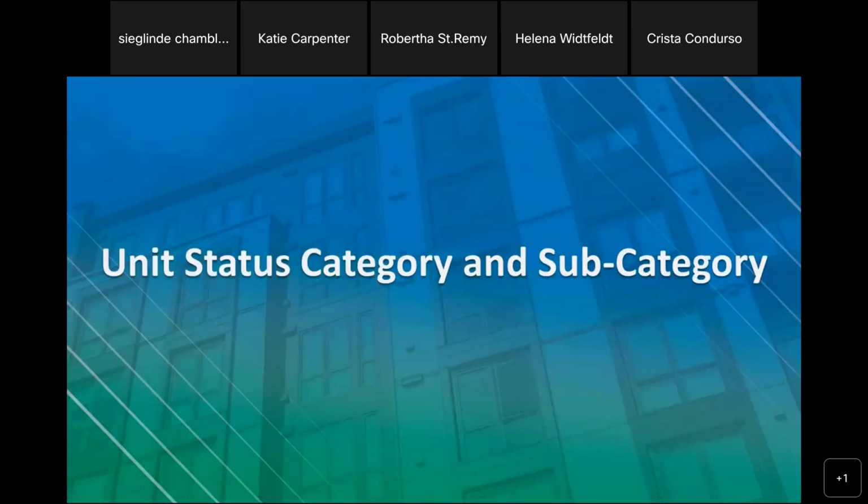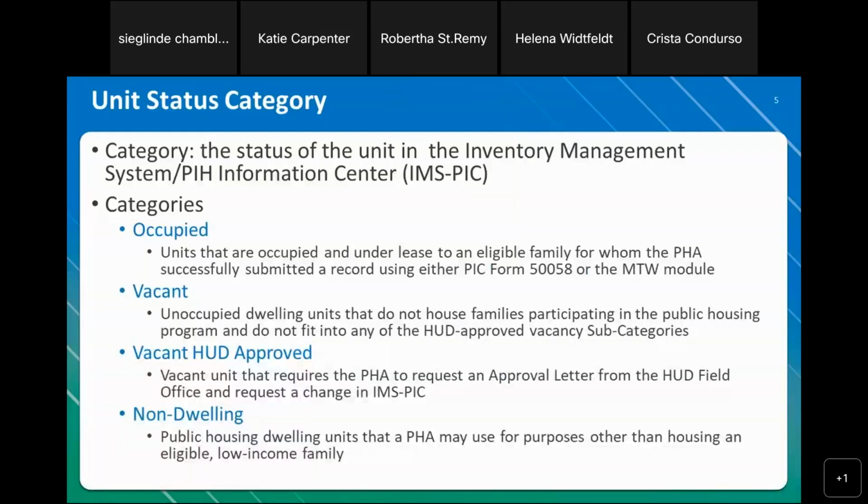All right, the biggest slide deck. Cover page, unit status, category, and subcategory. Let us start. All right, what is this about? The categories are the status of the unit in the Inventory Management System, PIH Information Center, IMS-PIC.